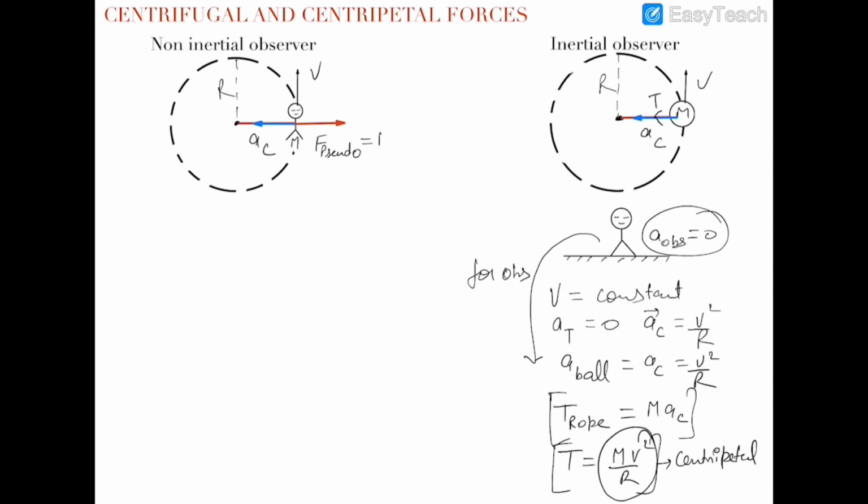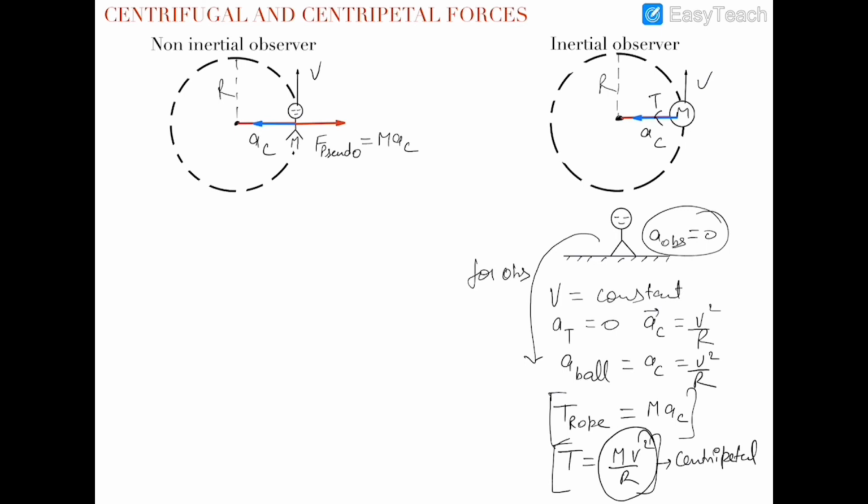and this pseudo force F pseudo will be equal to m a c, where m is the mass of the man and a c is the acceleration of this man, because pseudo force is equal to m into a, where m is the mass of the object and a is the acceleration of the observer, and in this case the man is himself the object and he is himself the observer, as he is observing himself while rotating in the circle.